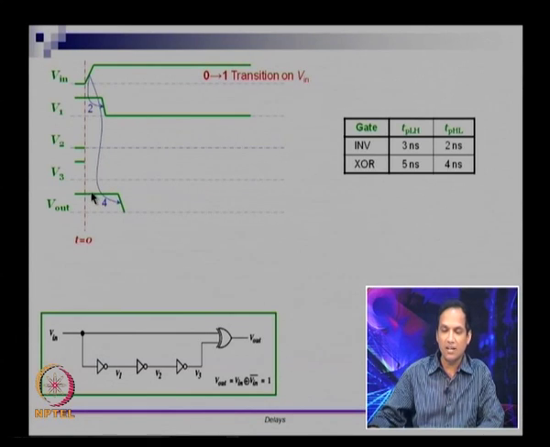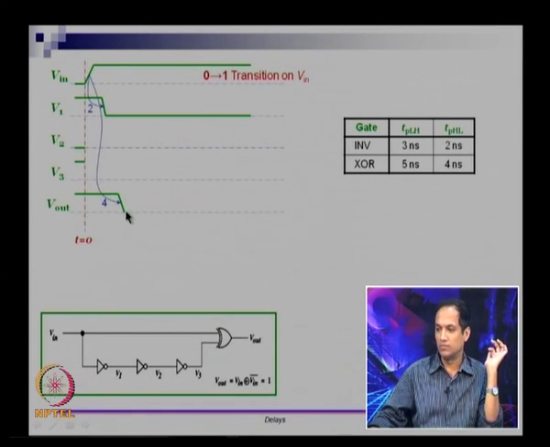So in steady state, V out would have been 1, right. For any V in, the output will be 1 at all times. However, if there is a change in input from 0 to 1, there is a change in output from 1 to 0.